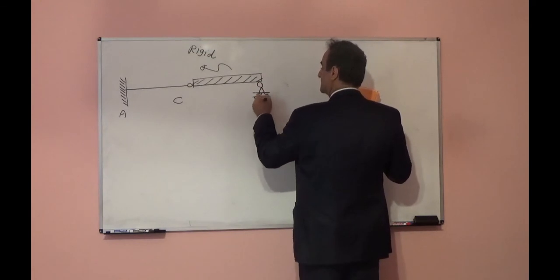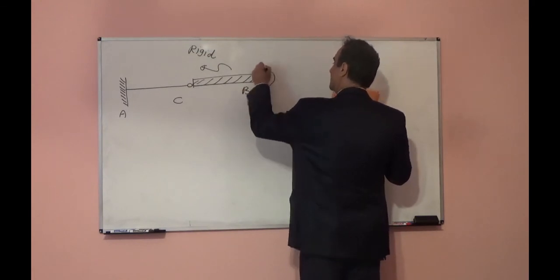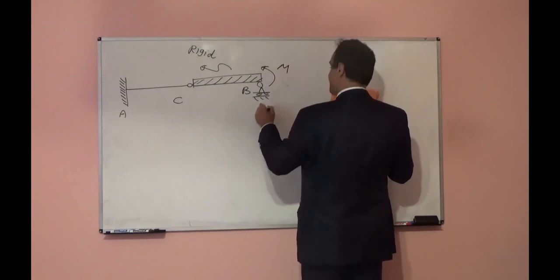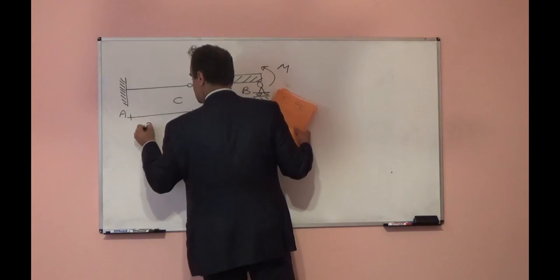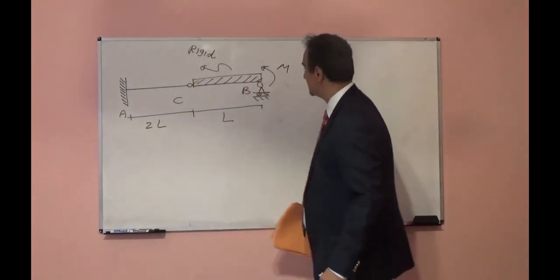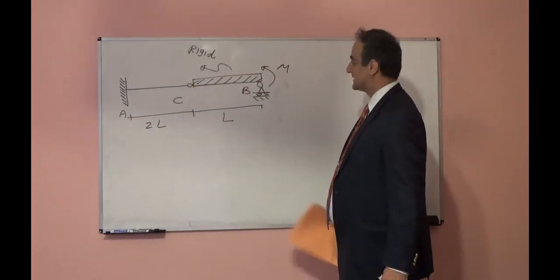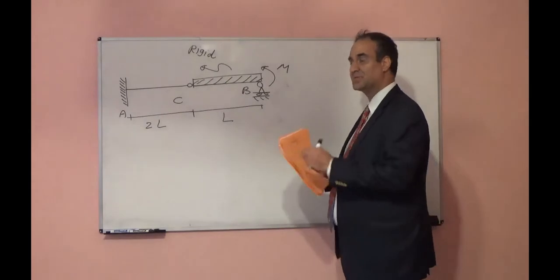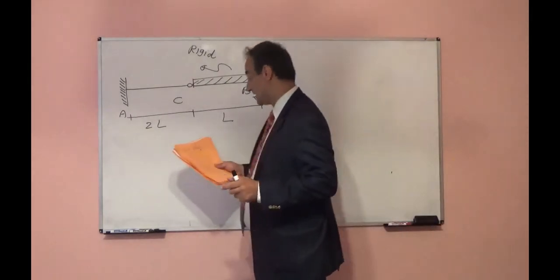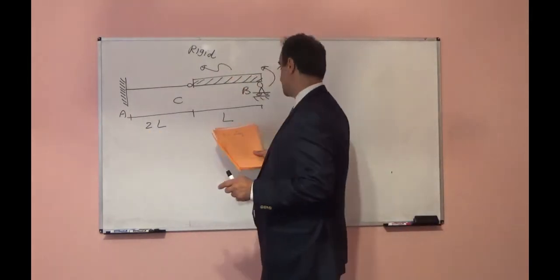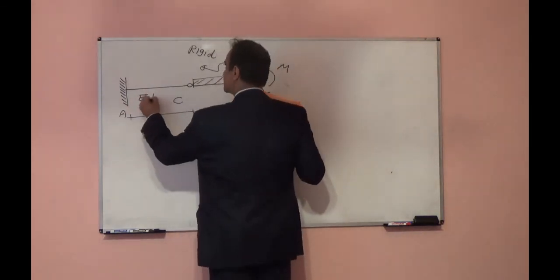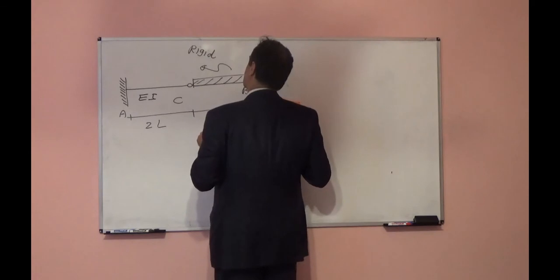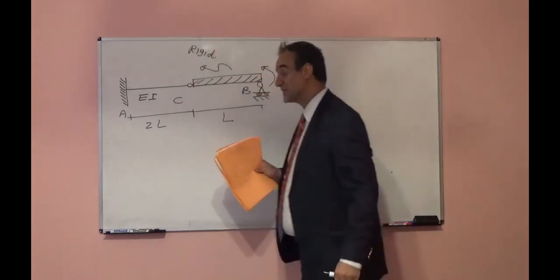Roller B, we apply concentrated moment M. This is L. From here to here it is 2L, for example. Of course I didn't draw using this scale. It seems equal, but per the problem statement, AC part is 2L, BC part is L, and EI for this part is constant, for this part it is infinity, so it means rigid.